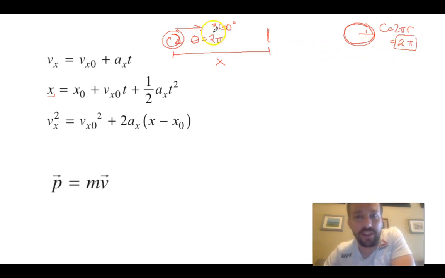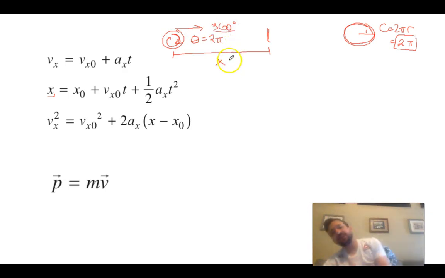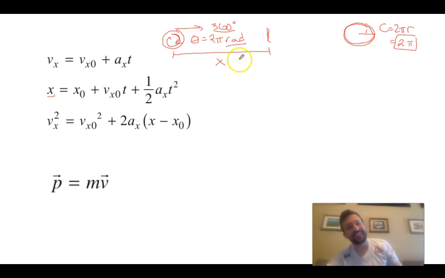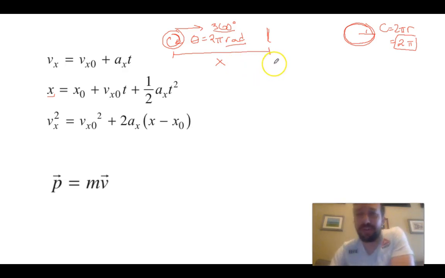So like I said, one full rotation is 360 degrees, or for this class, we're going to be using radians, and we're going to say 2 pi radians. And we write rad because radians are super cool and they're rad. Yeah, you get it.